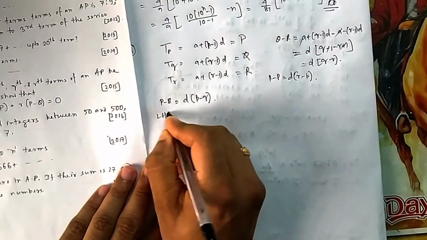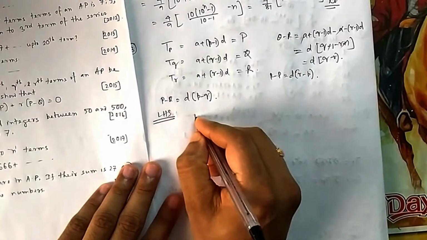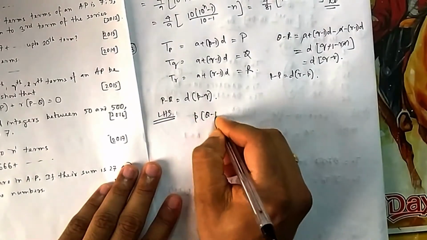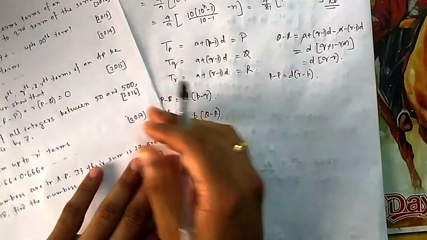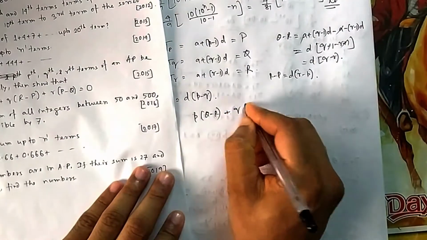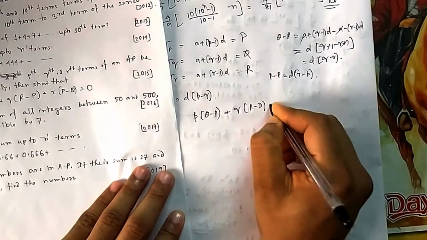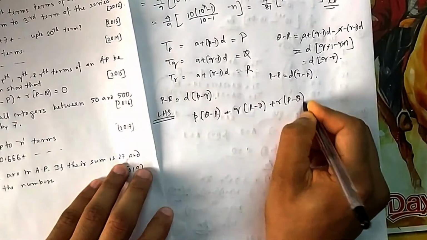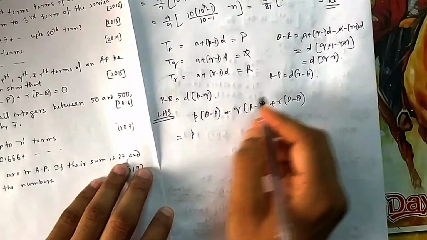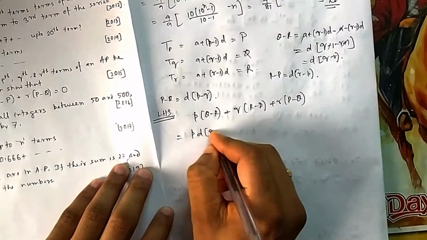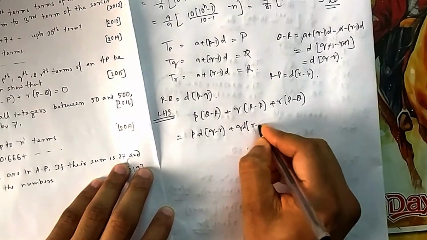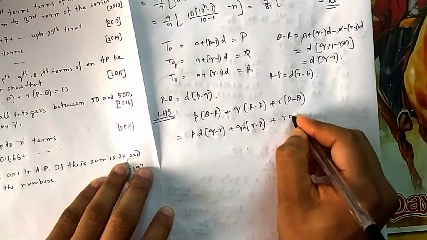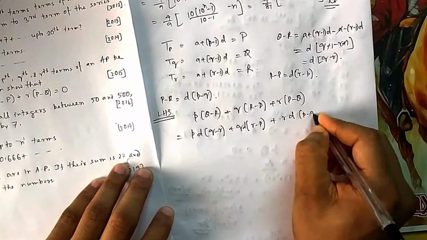So now you put all these things in the LHS. LHS is P into q minus r. This is small p, small q, small r outside. And then Q into r minus p, and then R into p minus q. So if you put all these things, small p, q minus r is D into q minus r, Q D into r minus p, then R D into p minus q.